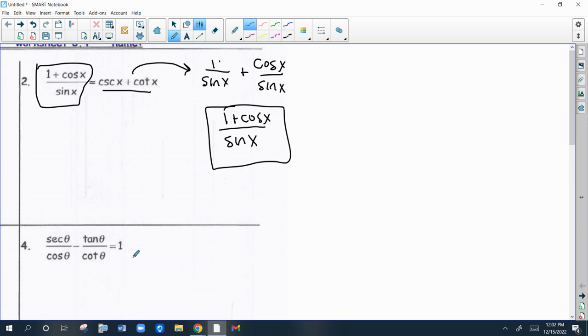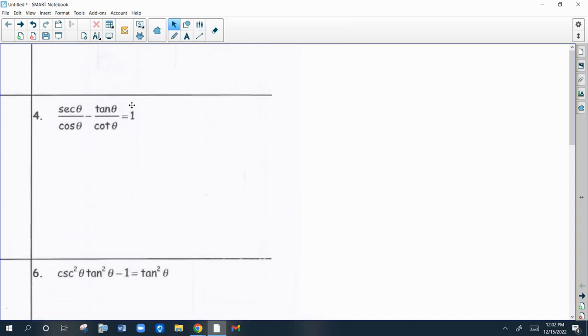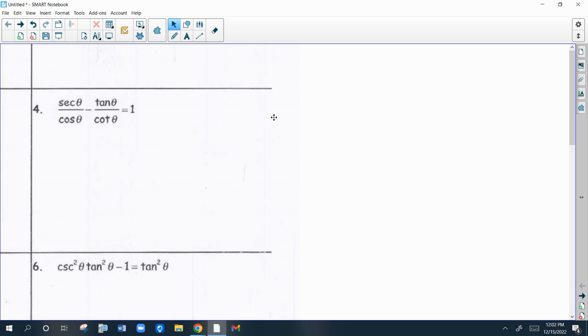So let's go to number 4 because that looks a little bit more complicated. The left-hand side is a whole bunch of trig functions and their difference is 1. So here we go with that one. I'm going to work on this side.